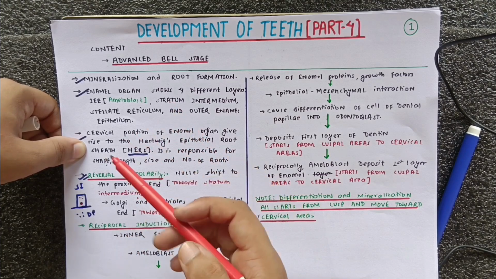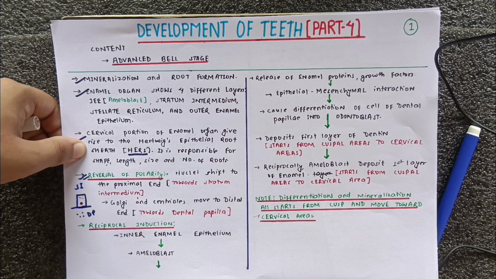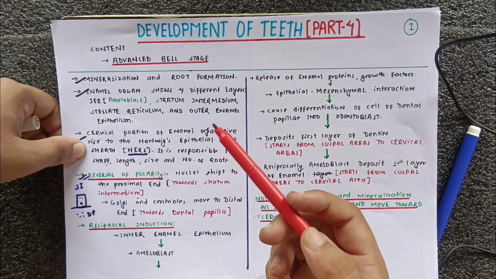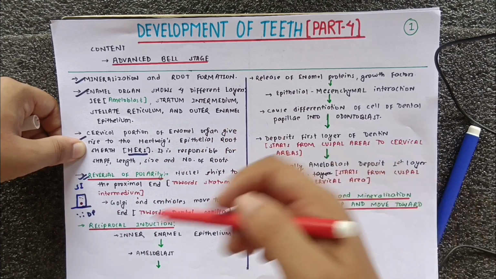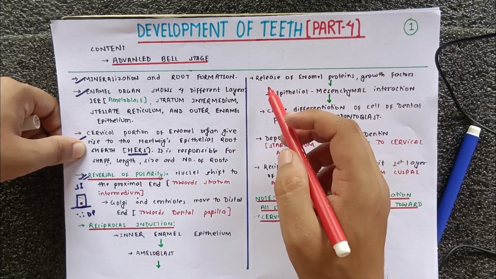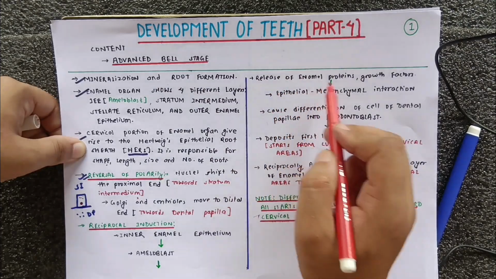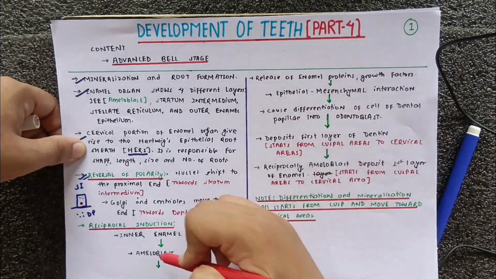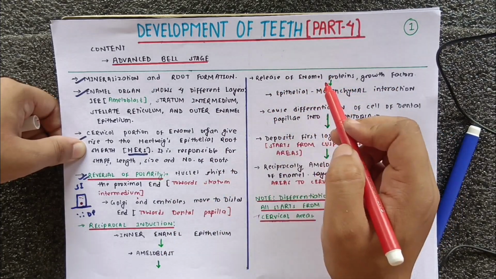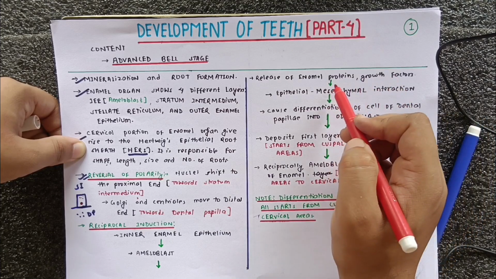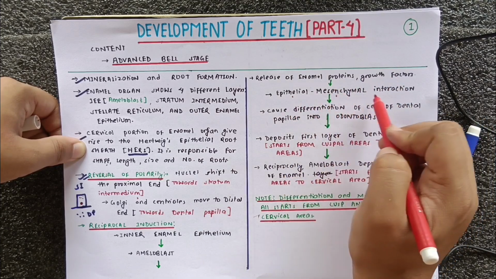Now after that, as I have written here about reciprocal induction, these two points are important from the advanced bell stage. Reciprocal induction means the inner enamel epithelium forms the ameloblast. We know that the inner enamel epithelium differentiates into the ameloblast. After that the ameloblasts release enamel proteins and growth factors, and those would cause the epithelial and mesenchymal interaction.